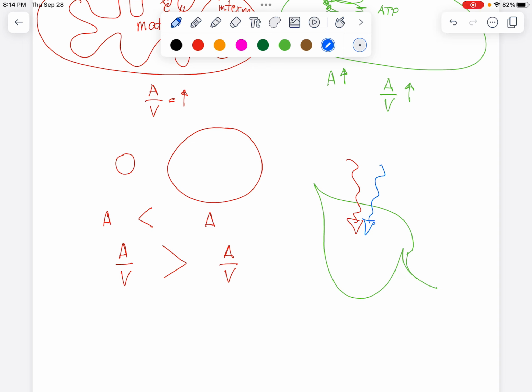Specialized structures for gas exchange, for example, on the leaves, they have tiny openings at the back, usually at the back of the leaf, but not always on the back. These are guard cells, and between them are the stomata, or stoma, for gas exchange, as well as to let water vapor out too.